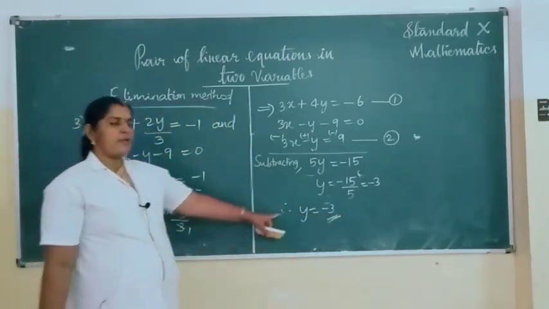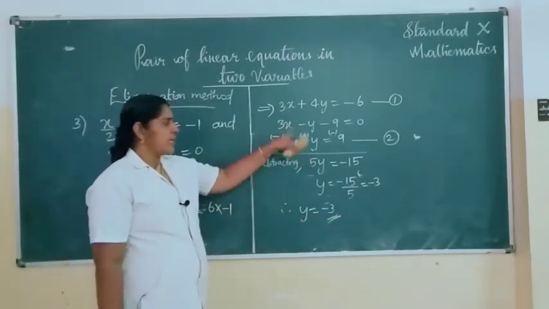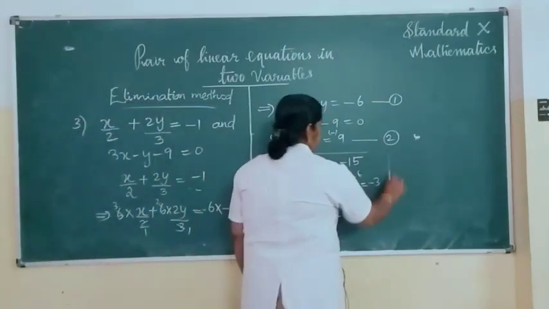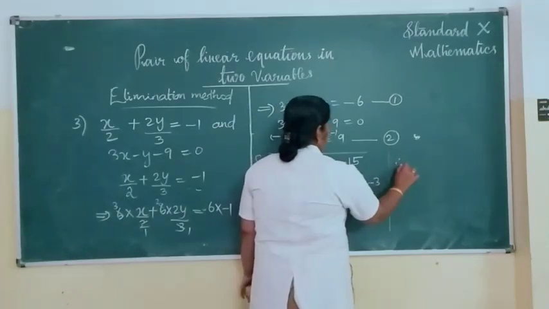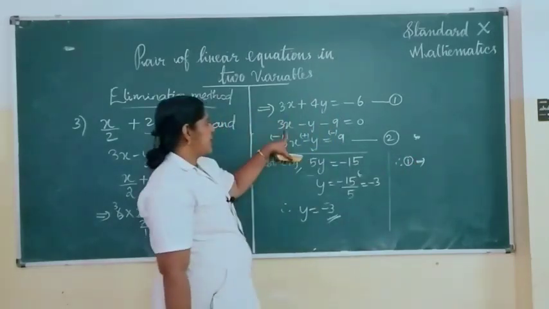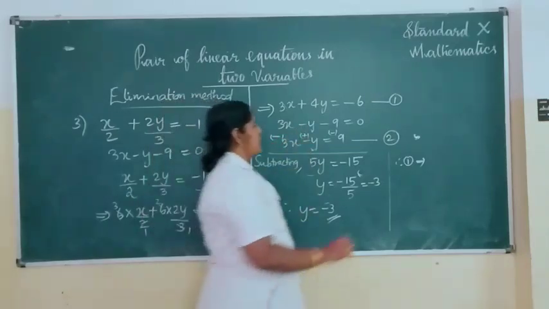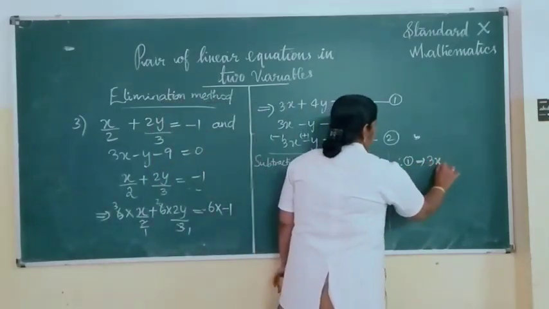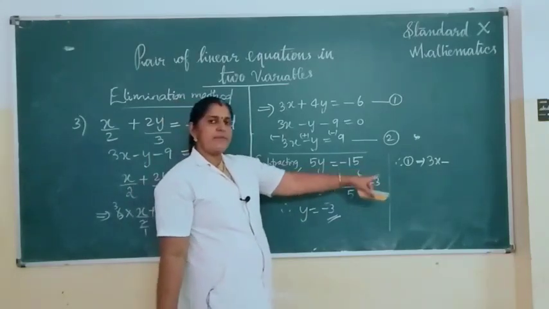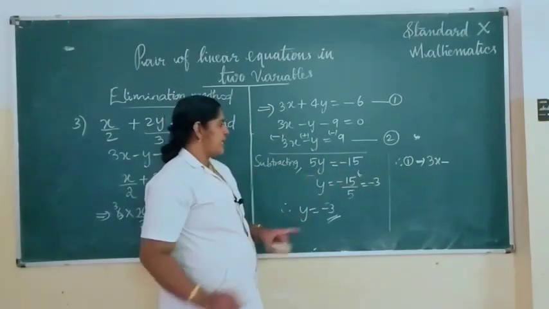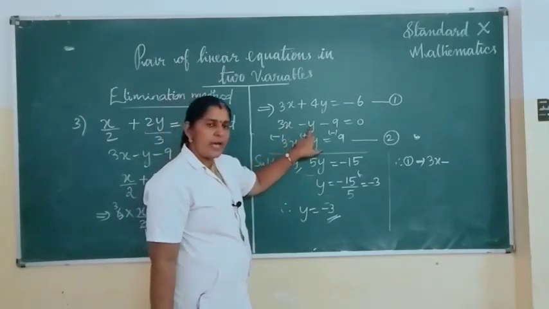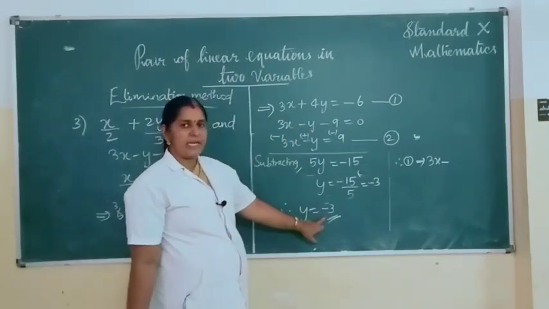Now use this value of y in any one of the equations, and we can get x. So how to write? Therefore, the first equation implies 3x minus y. Carefully do the calculation when there is a minus. So 3x minus y, in the place of y you put the value minus 3.